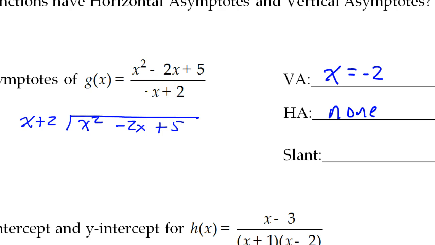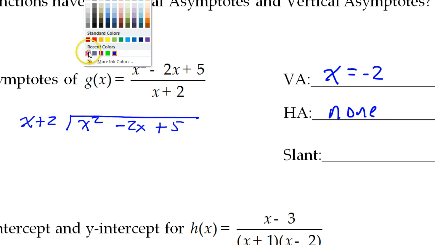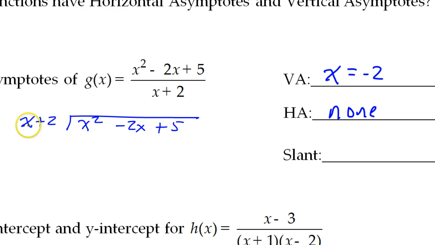Actually, you know what? I keep saying long division, but we could do synthetic if we wanted to. Anyway, I'll just stick with this. So x times x will make x squared. X times 2 will make 2x.